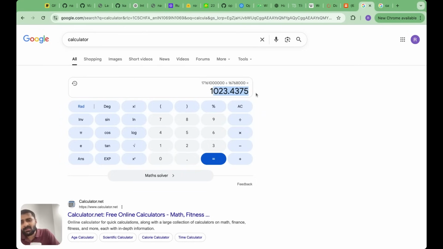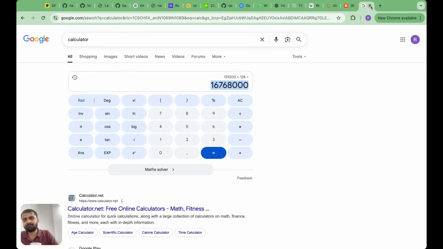You see, that's a reduction of around 1,000 times the number of calculations which need to be made.